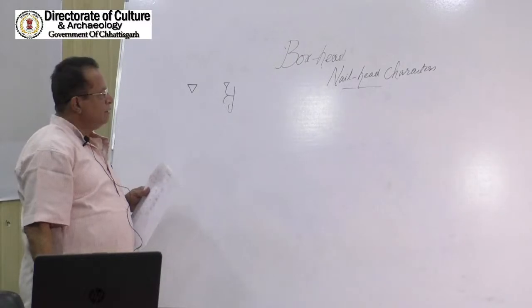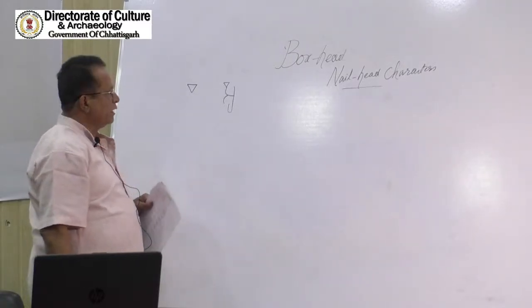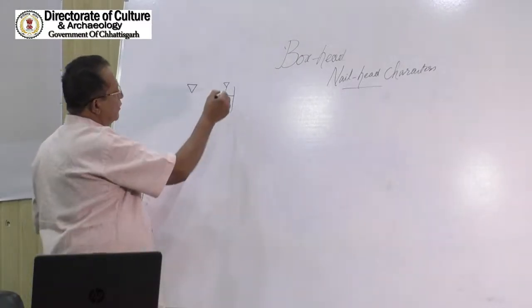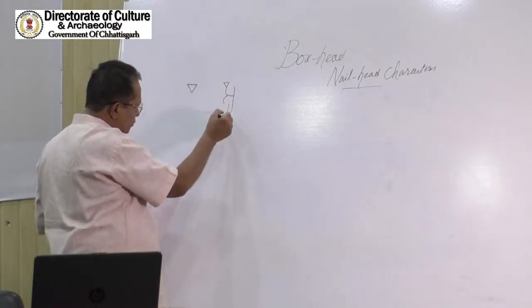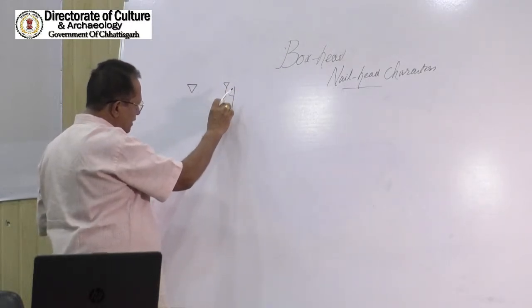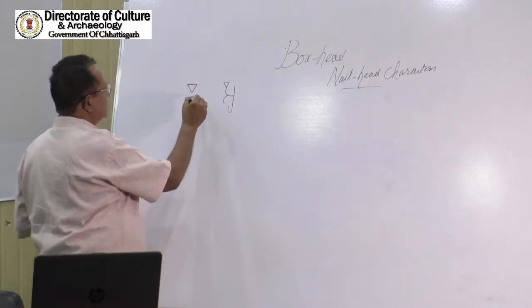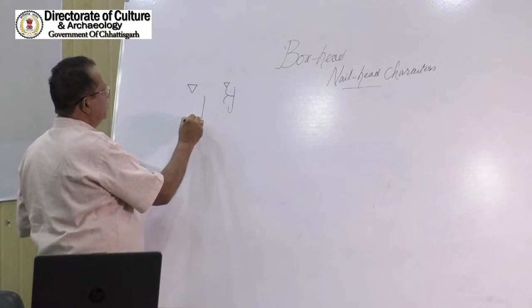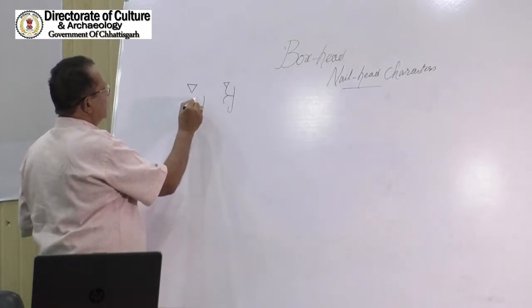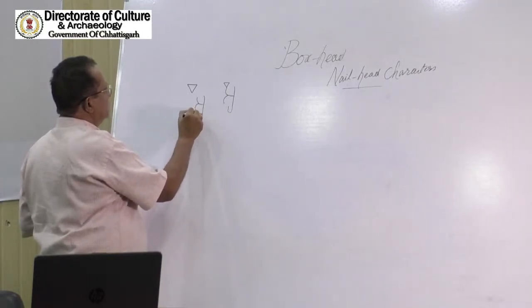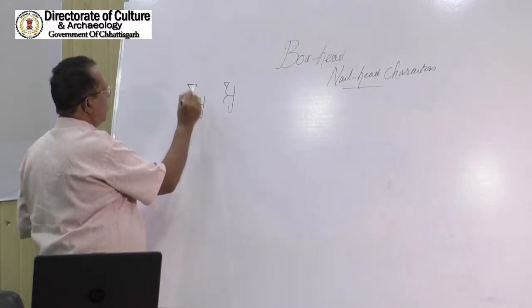Instead of a box, you are appending a nail head on the top, and invariably the lower vertical stroke takes a cursive turn, rather than how we used to cut it earlier. In the box style, you used to attach a box.